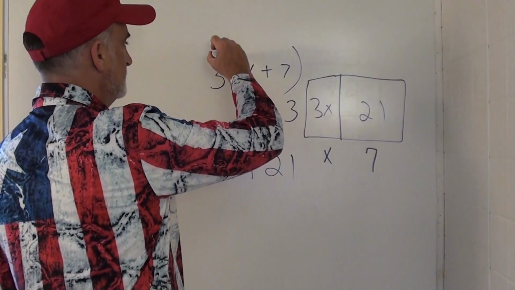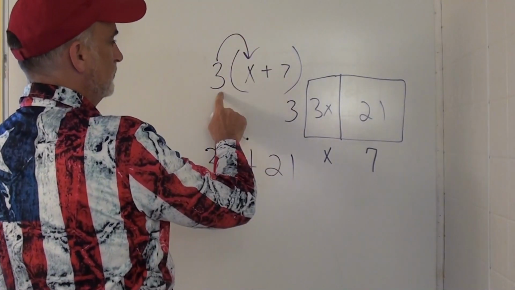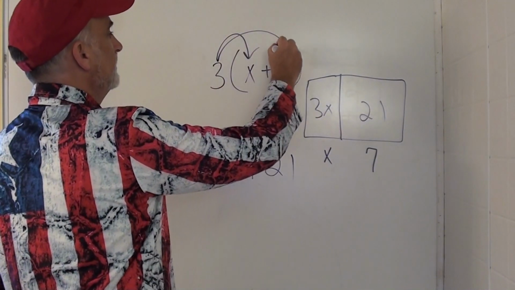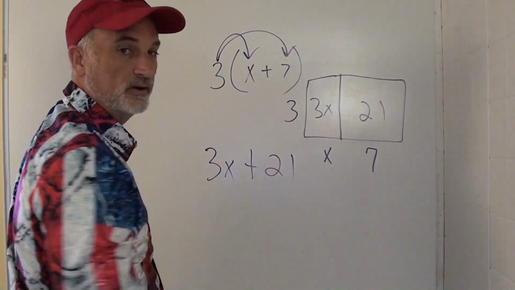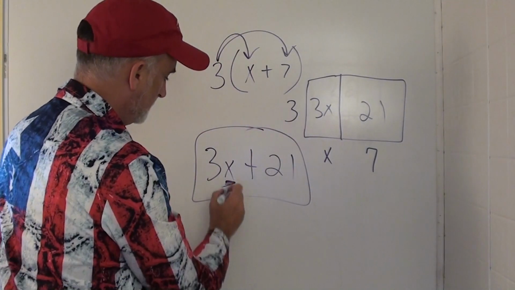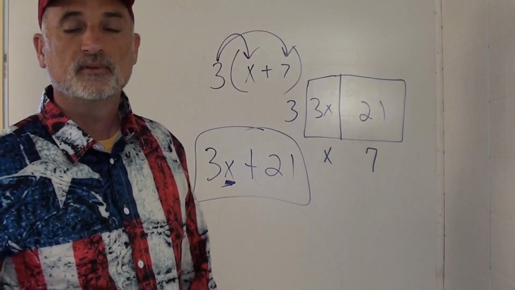So look, I distributed. 3 times x gave me 3x, and then 3 times 7 gave me 21. Now I can't do anything else with this because of this variable right here. Okay? So how would I use that in an expression? Okay? We're trying to build this understanding, solving equations using the distributive property.